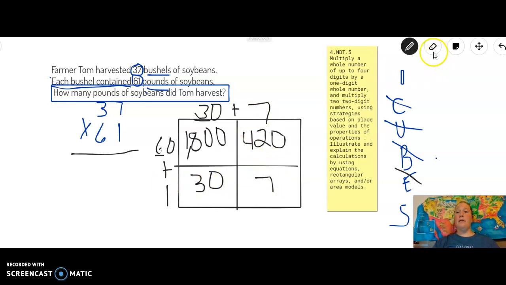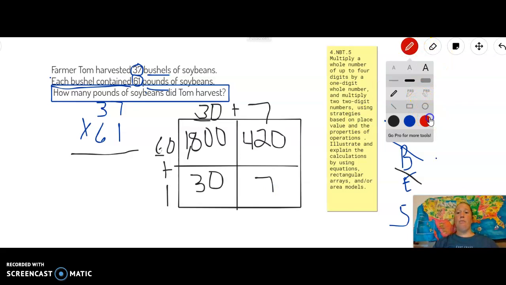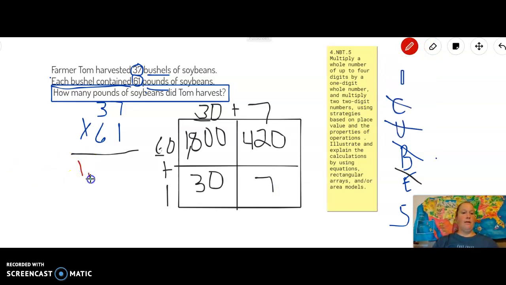We're not quite done because now we need to add up all the partial products. So remember, we got to line them up. And I want to show you a little trick that I do sometimes. So we have 1,800. And if you need to, you can put a checkbox just to prove that you have it. 420.